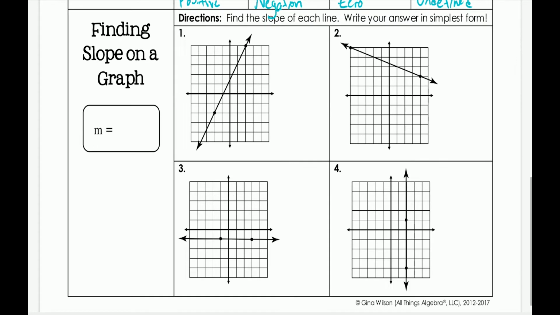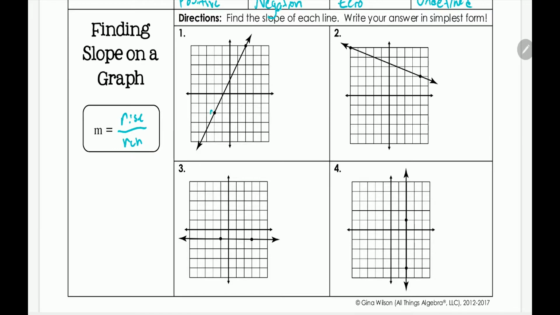Next, we're going to be finding slope on a graph. So, we have m is equal to, again, the rise over the run. Or in other words, if we take a look at number 1, we're going to be taking 2 points. In this case, they already have them labeled for us. The first thing we're going to do is count how many blocks we have to go up or down to get to the next point.